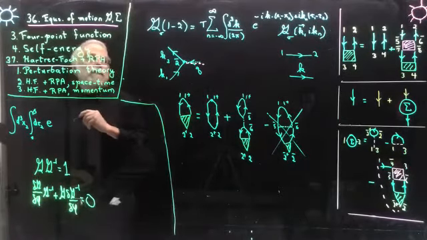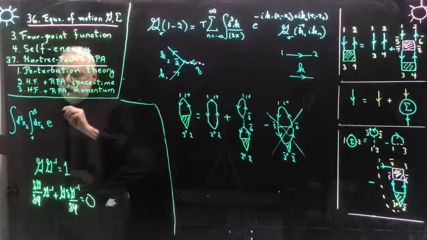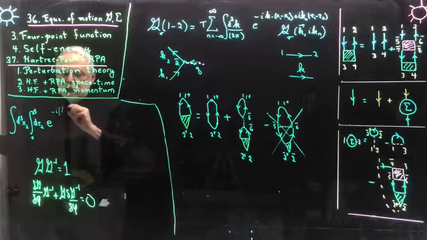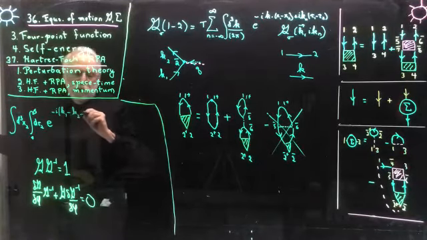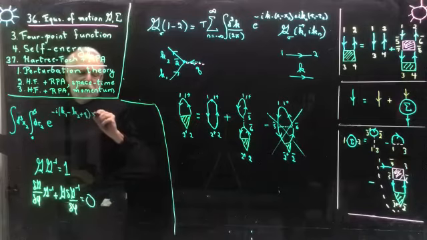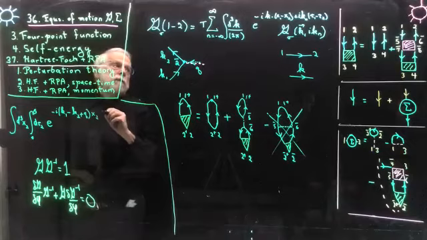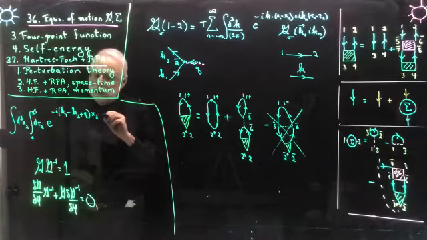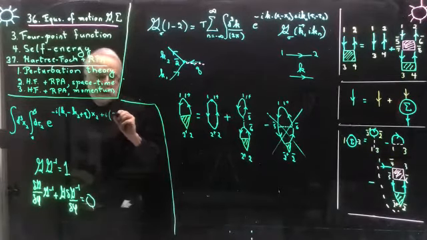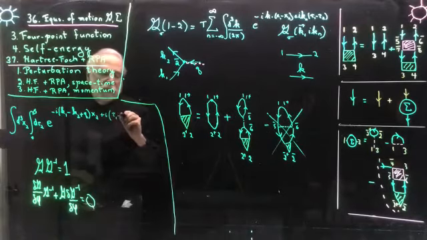So I will have e to the minus i (K1 minus K2 plus Q) times x2. And then I will have minus plus i of tau 1 minus tau.